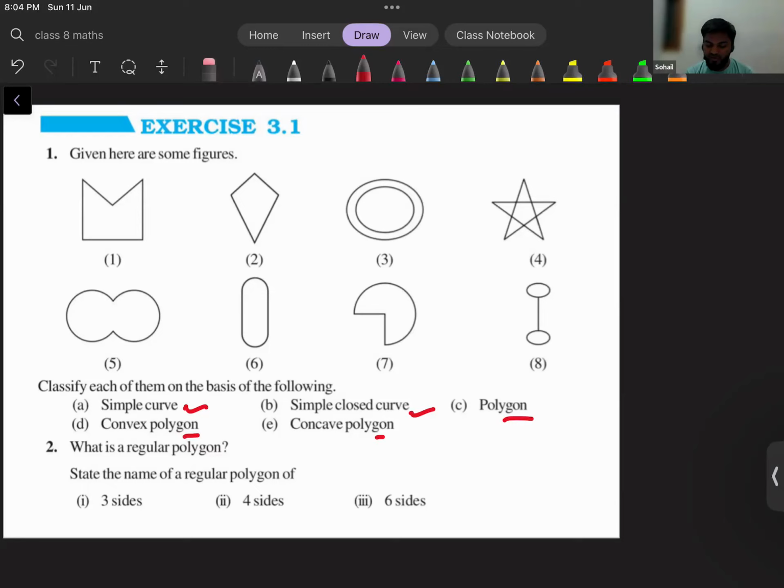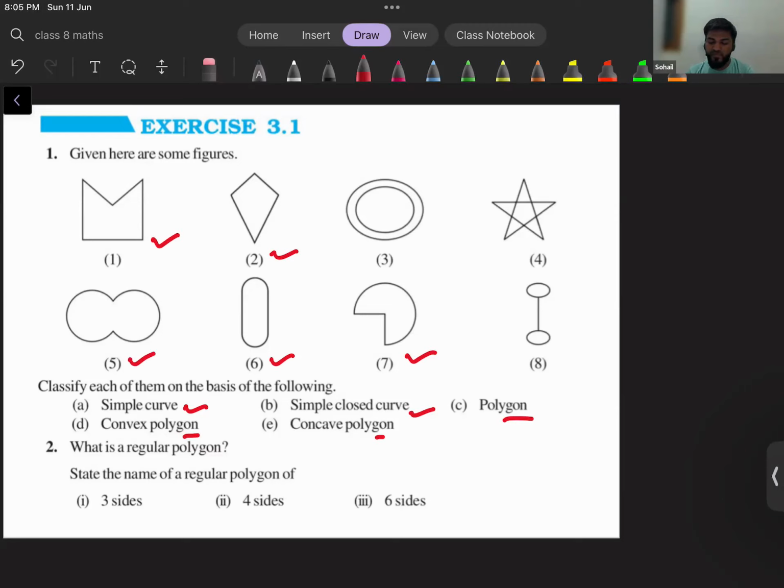Option number 5, 1, 2, 6 and 7. Yes, 1 is a simple curve here. That is correct. 2 is also a simple curve. 6 and 7 also. And 5 also.